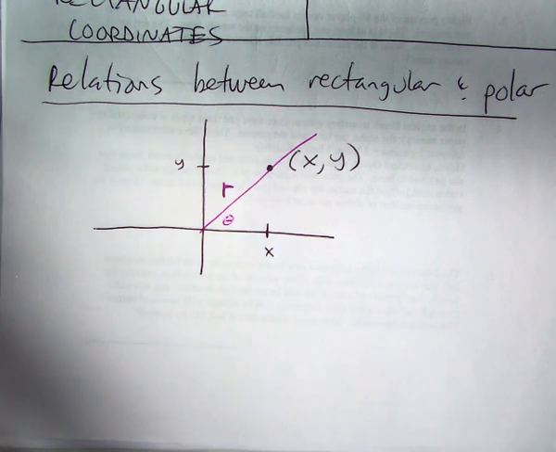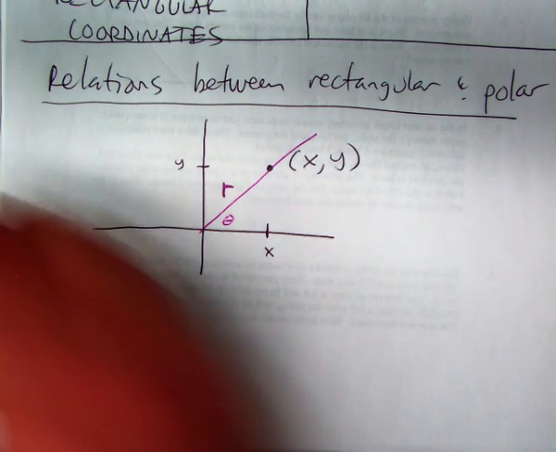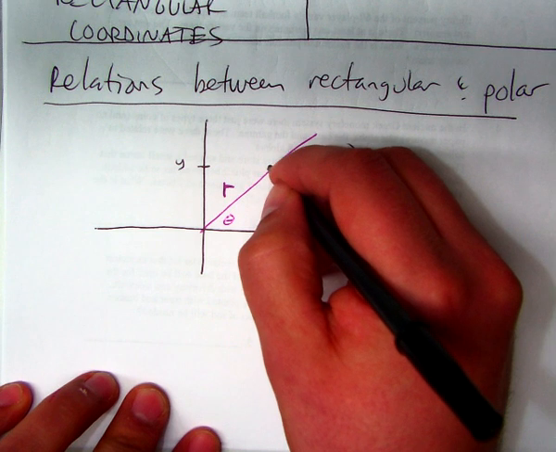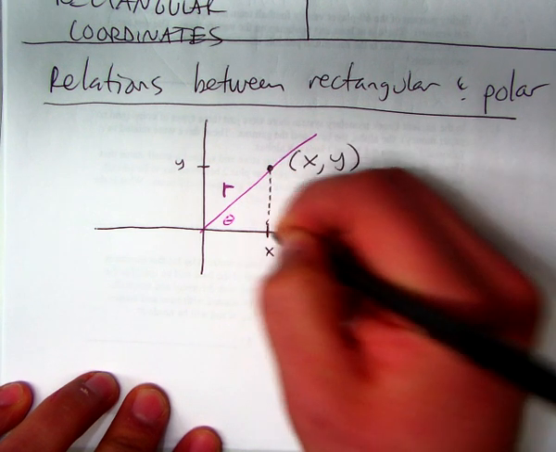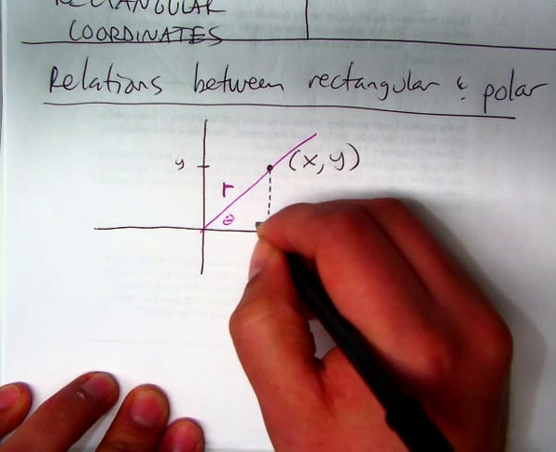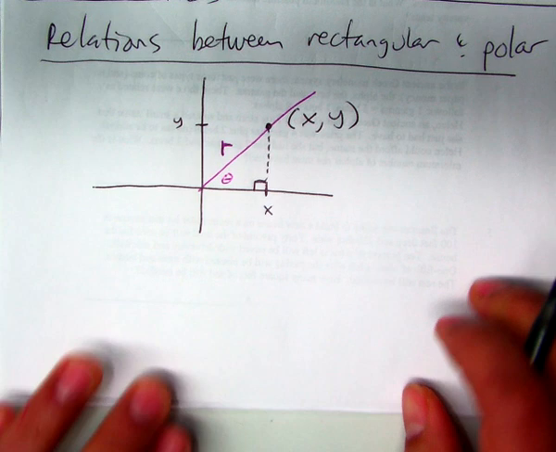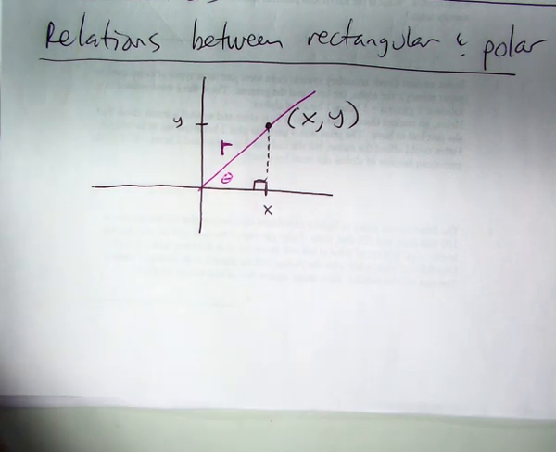So now, here's what we can do. Draw a right triangle in here. And using some basic tricks, some SOHCAHTOA, we're going to find the equations that you need to know to convert from one to the other and back and forth.